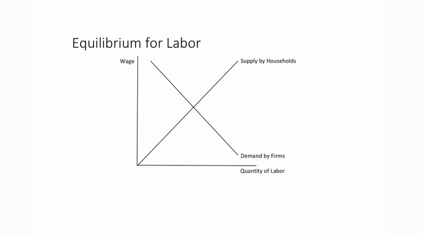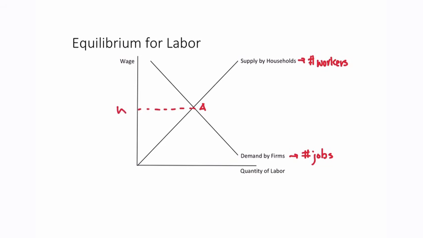Now, when we bring the supply and demand together, we see that the demand for labor by firms is going to tell us the number of jobs that are available for workers. And the supply of labor by the household is going to tell us the total number of workers that are available. Now, at the point where the number of workers equals the number of jobs, which we'll call point A, this will be our equilibrium.